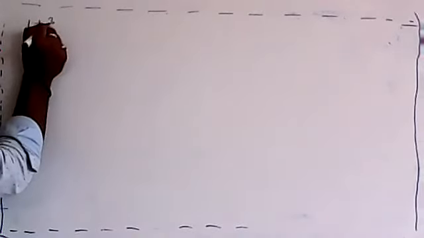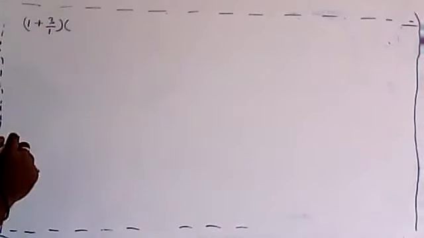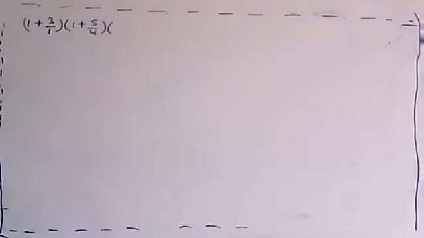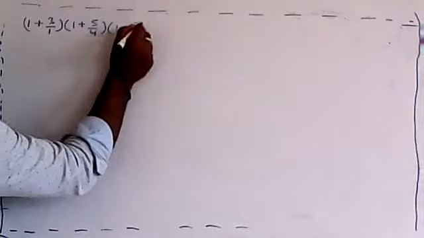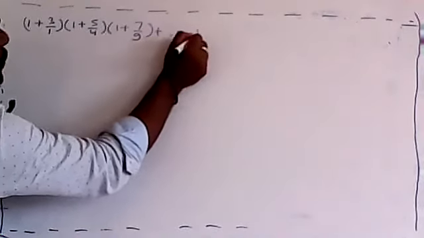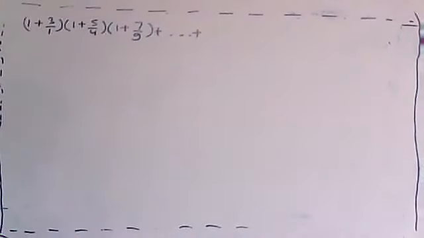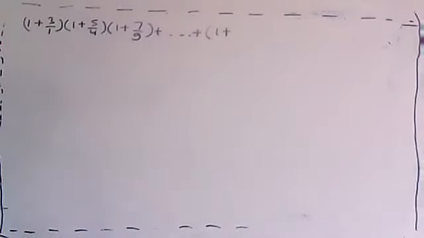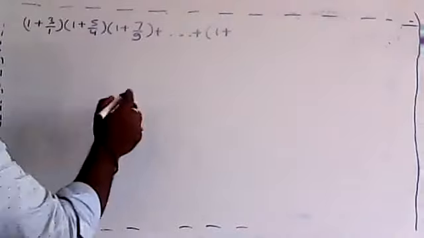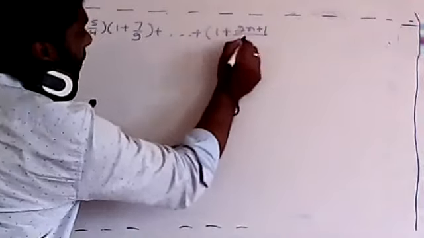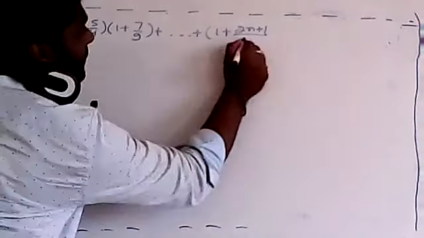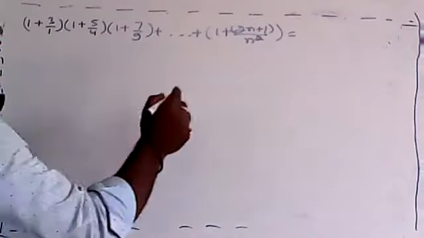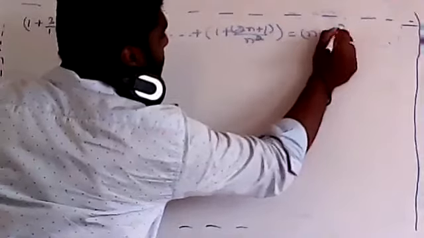1 plus 3 by 1, into 1 plus 5 by 4, into 1 plus 7 by 9, and so on up to 1 plus 2n plus 1 by n square, is equal to n plus 1 the whole square.